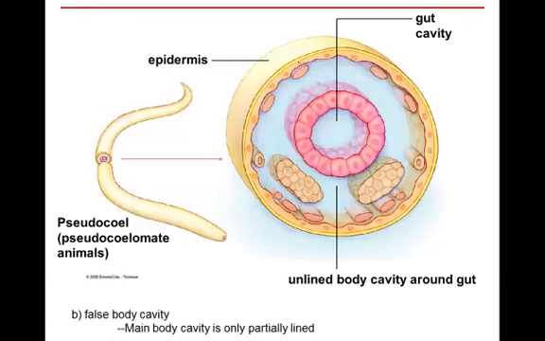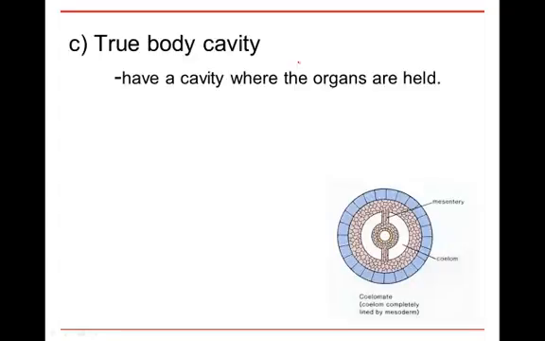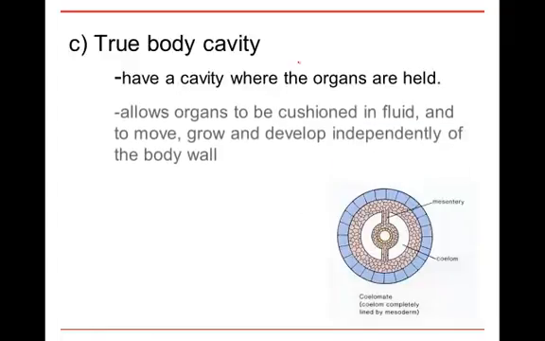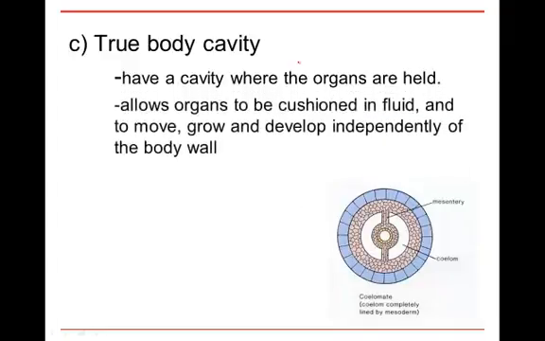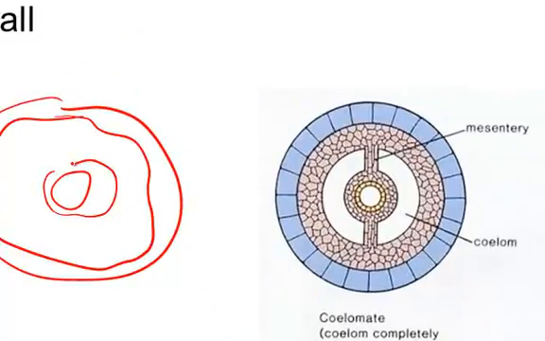And so let's look at the third possibility, which is to have a true body cavity, and we'll talk about the functions of it in just a moment. You should go ahead and draw something like this. So there's our gut. It's lined on the outside and it's lined on the inside. And so this is the gut.